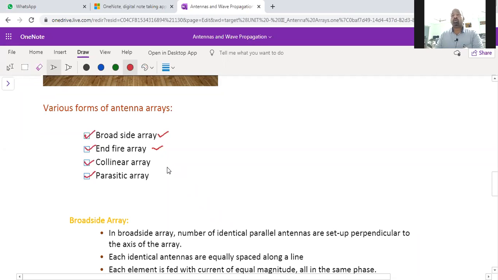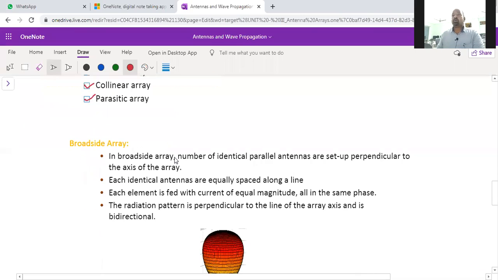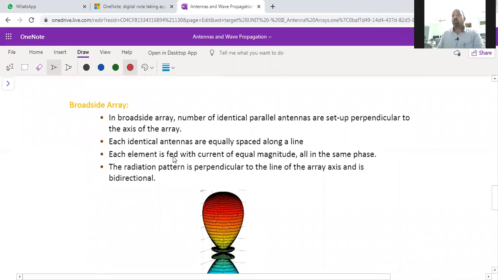The types of array are classified based on how antennas in an array are arranged.